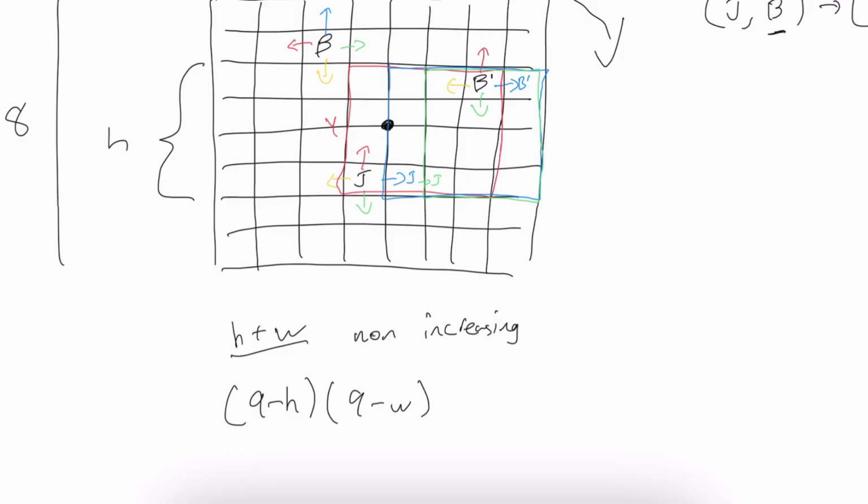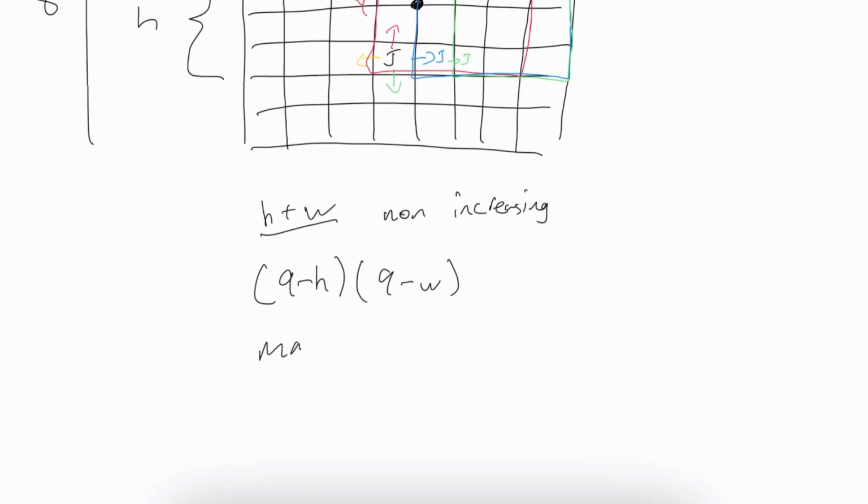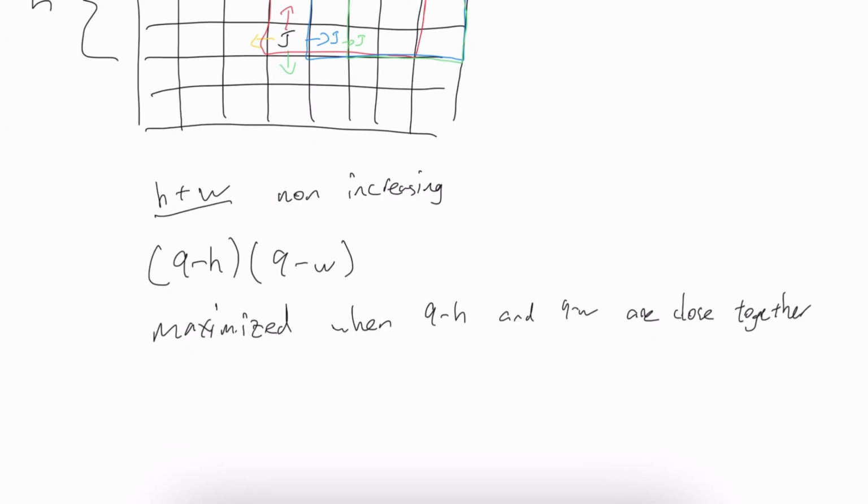And this quantity is maximized when 9 minus h and 9 minus w are closest together. And that implies h and w are also close together.